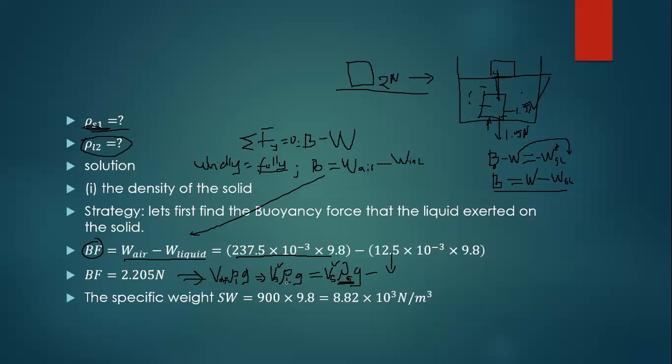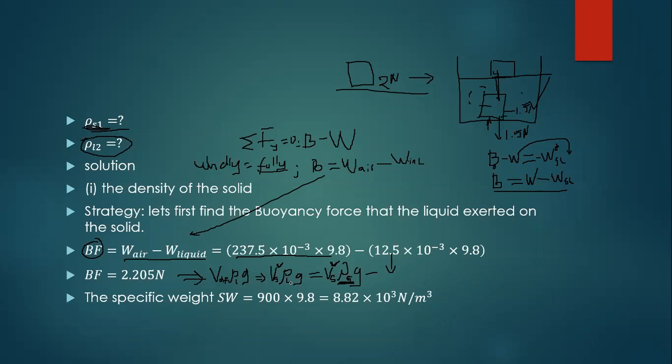We have been given the density of the liquid, and we know 9.8. If we can find the volume of the solid, we can factor out this part. We can express buoyancy force in terms of volume times density times gravity.